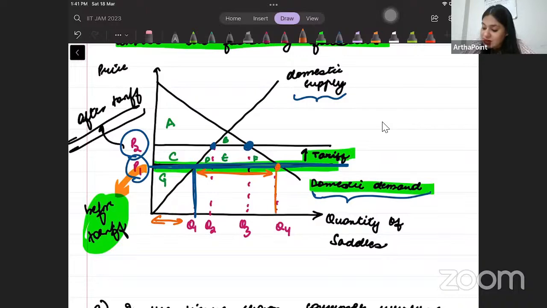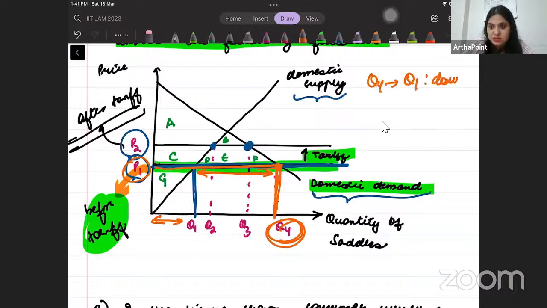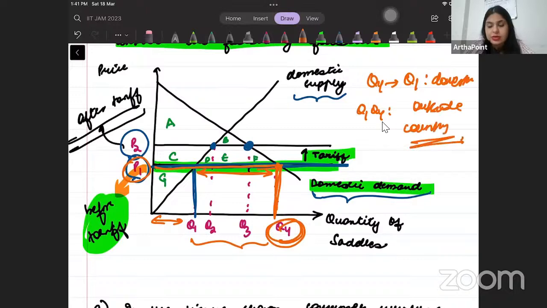So ultimately the entire demand will be fulfilled in free trade, at price P1 and quantity Q4. Out of Q4, Q1 will be coming from the domestic part, and the remaining, Q1 to Q4, will be coming from outside the country, or imported, right?